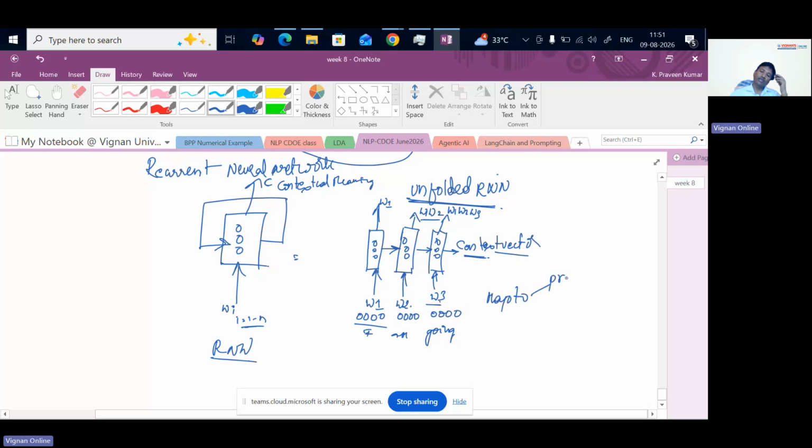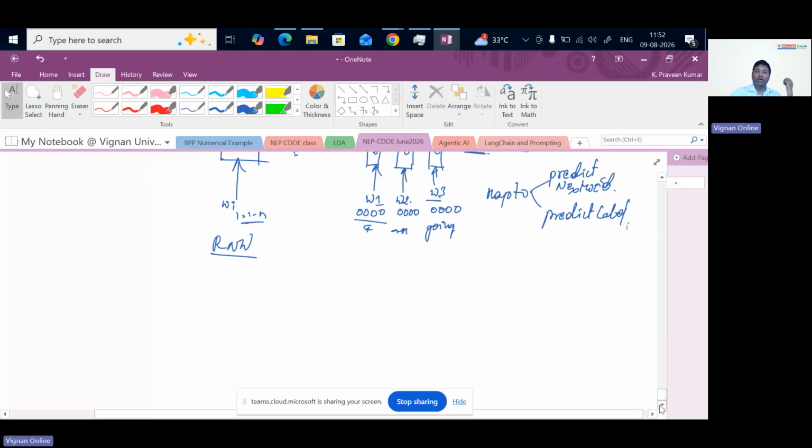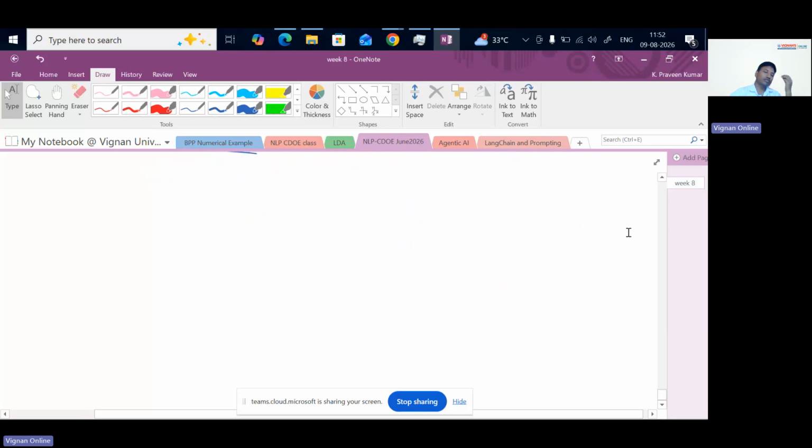One thing is to predict the next word, and the other is to predict the label. Two things are there. Either you can train this model to predict the next word or to predict the label. Both things we can do, but not at a time. So these two are possible things.